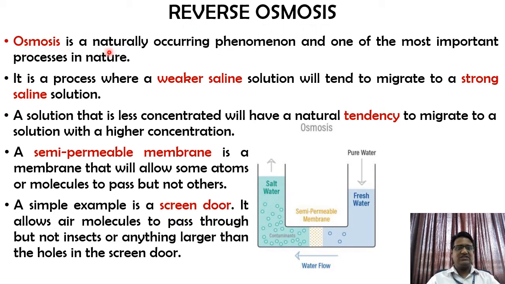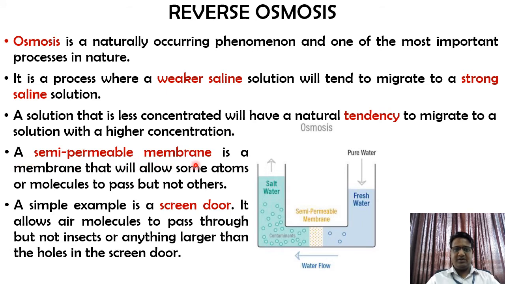Osmosis is a naturally occurring phenomenon and one of the most important processes in nature. It is a process where a weaker saline solution will tend to migrate to a strong saline solution. A solution that is less concentrated will have a natural tendency to migrate to a solution with a higher concentration.